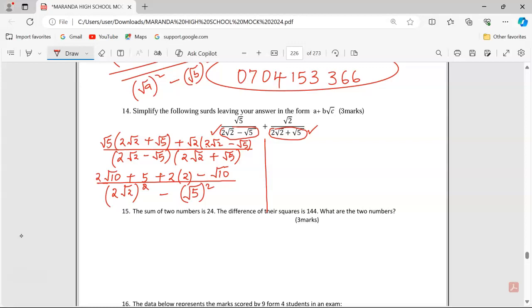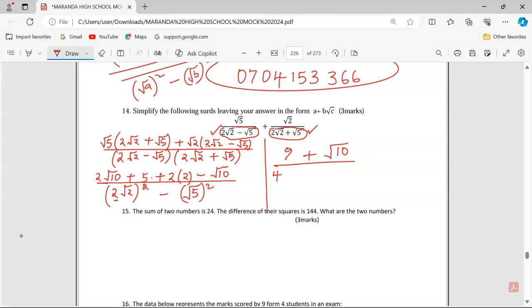Now we can start winding up. In the numerator, we can group like terms now, such that 5 and 4, because 2 times 2 is 4, that becomes 9, then plus, when we take 2 root 10 minus root 10, we should get root 10, then divided by, this is 2 squared, we get 4.